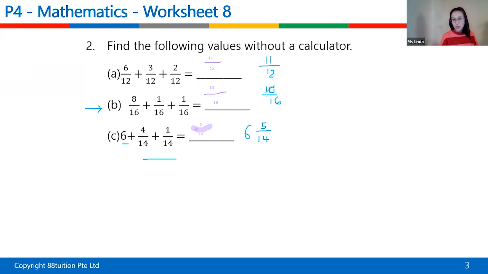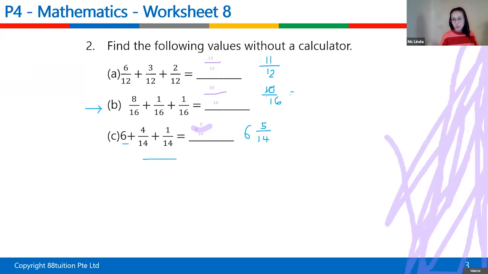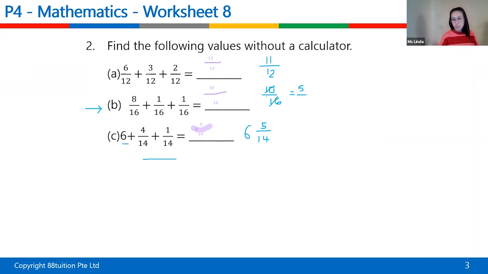So 10 can divide by 2, which will give you 5, and your 16 can divide by 2 also, which will give you 8. They cannot reduce anymore, so 5 over 8 will be your lowest term. But that is only when you learn how to reduce to the lowest term.